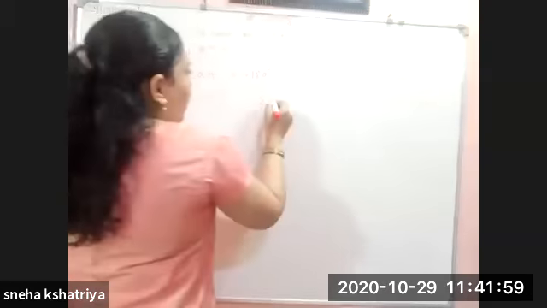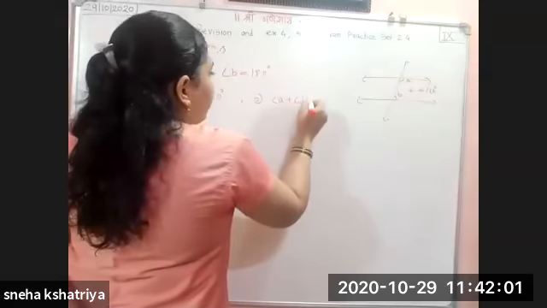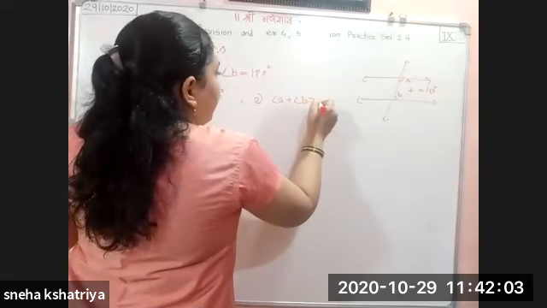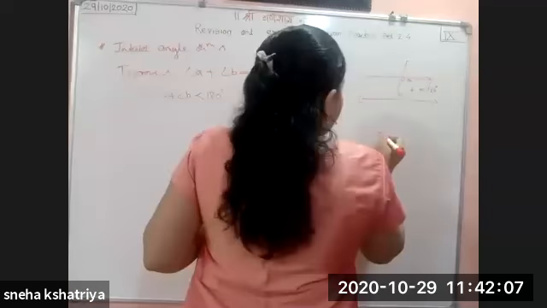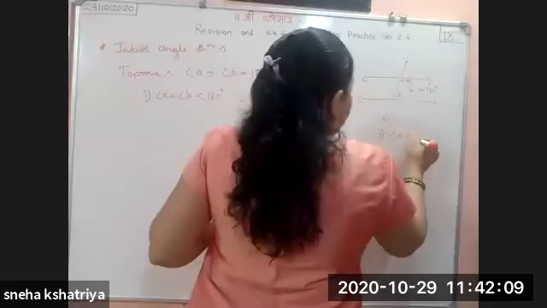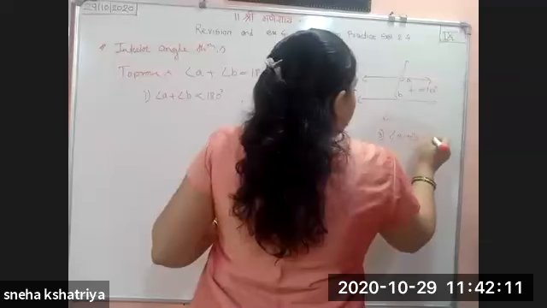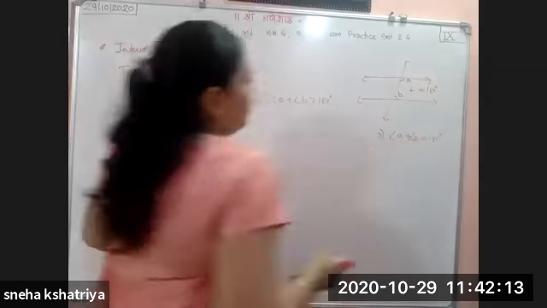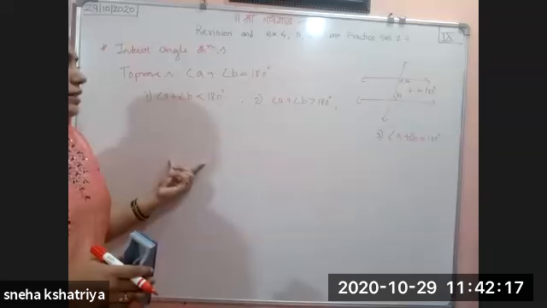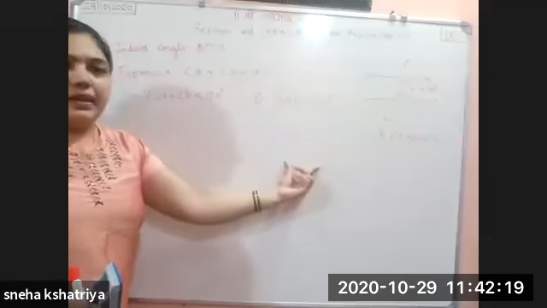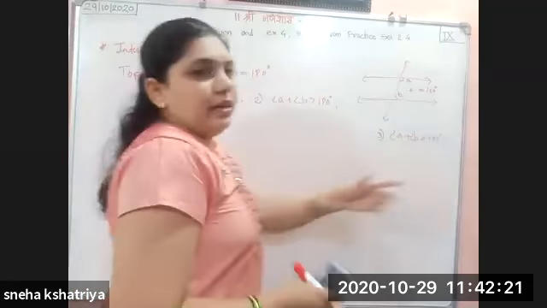Second one, angle A plus angle B is greater than 180. And third one is angle A plus angle B is equal to 180 degrees. These three conditions we can see here.